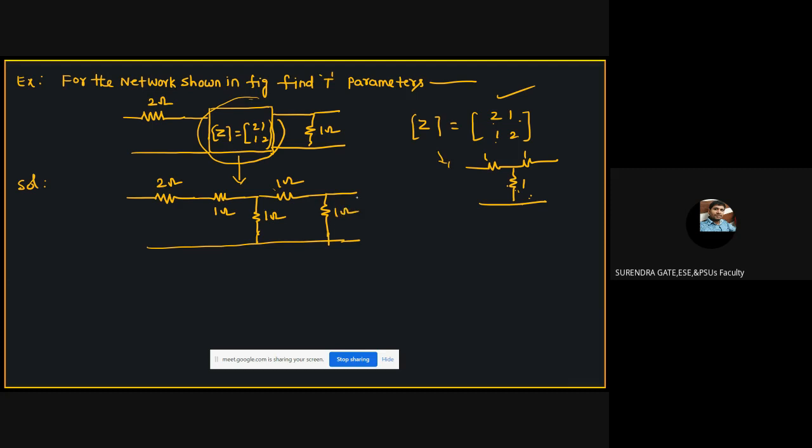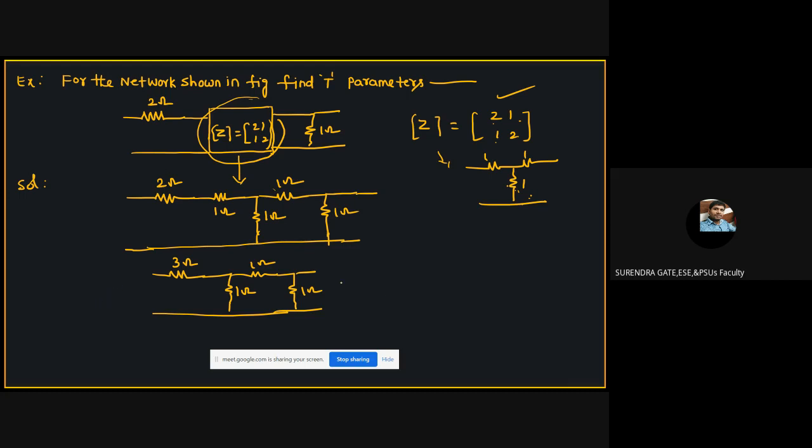Okay. Now, this is 2 plus 1, totally 3 ohms. This is 3 ohms, and this is 1 ohm. And this is 1 ohm. And this also 1 ohm. Yes, friends?